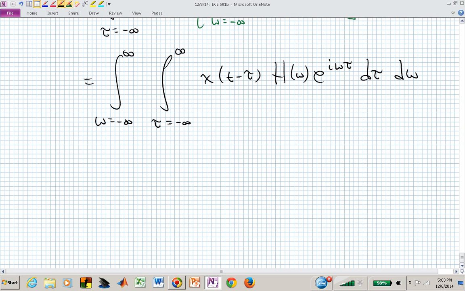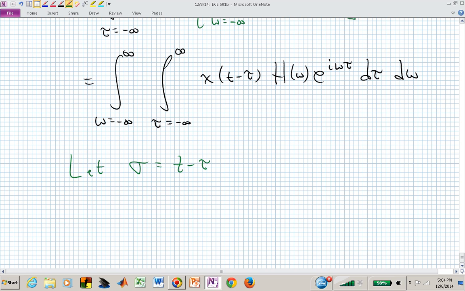And let's clean this up, or try, with a change of variables. I don't like that x with an argument of t minus tau. I want that to just be x of something. So let's let that new something be sigma.